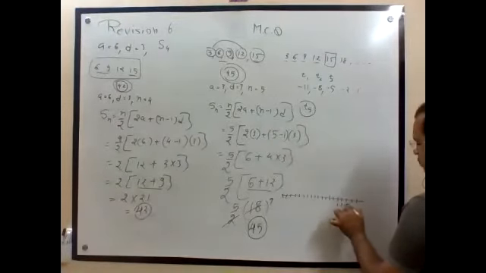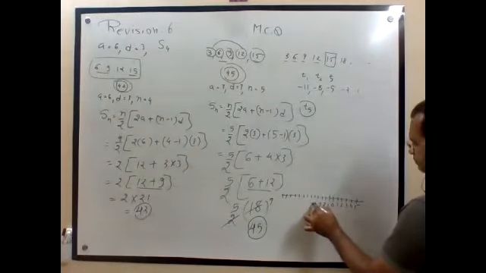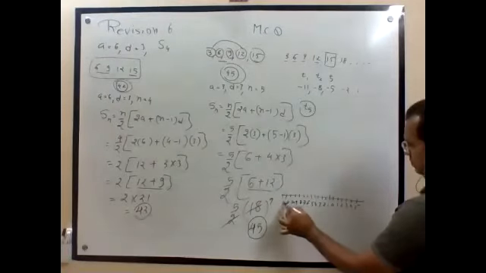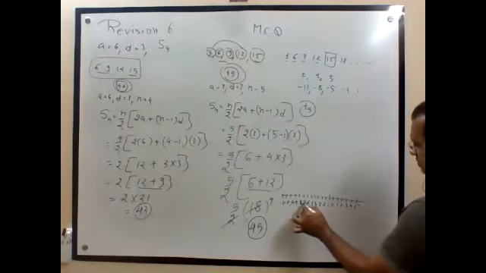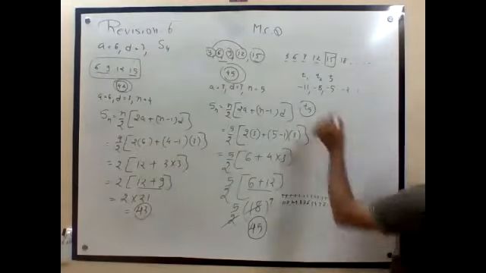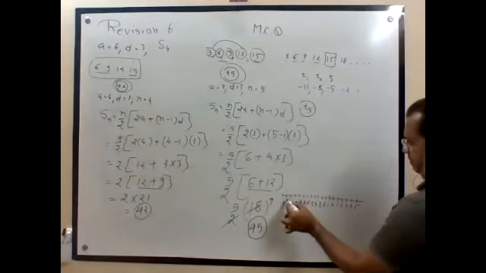Suppose the series is 1, 2, 3, 4, 5, 0, 1, 2, 3. These all are minus. So start with minus 11.